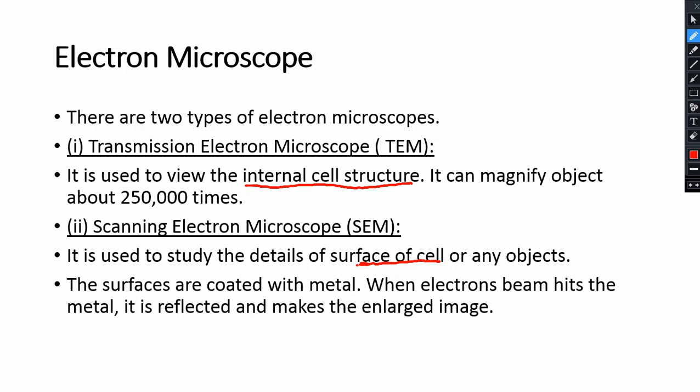What is on the surface of the cell, it will make only that image. Transmission electron microscope can increase the image size of a small object up to 250,000 times. And in the scanning electron microscope, where you put the sample, beneath the sample there is metal, and this metal is reflecting the electrons, and that's how an image is created. Let's look at it in a diagram.